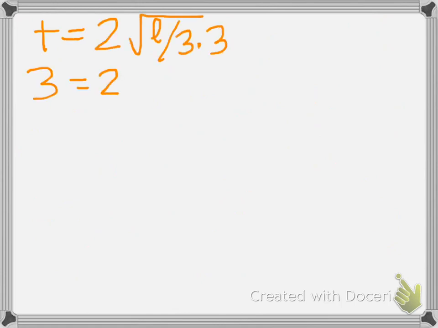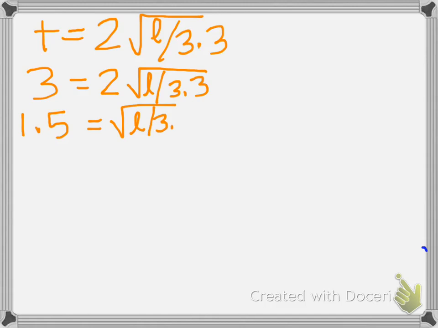So we have t equals 2 square root of L over 3.3, and then we'll plug in 3 for t, and we'll get 3 equals 2 square root of L divided by 3.3, excuse me. So then, to undo our multiplication, we will divide both sides by 2 and get 1.5 equals the square root of L divided by 3.3.